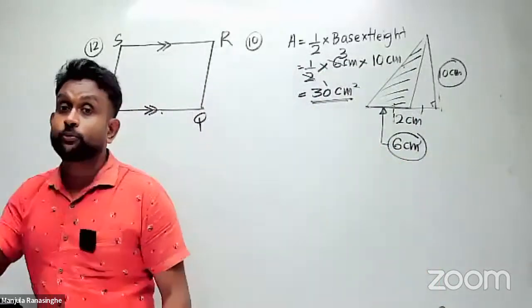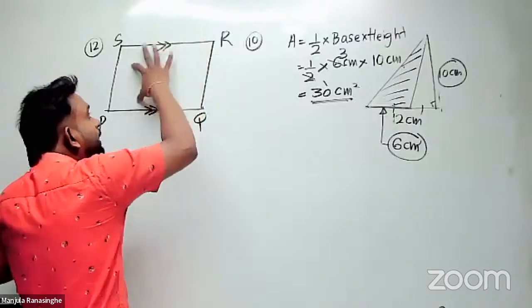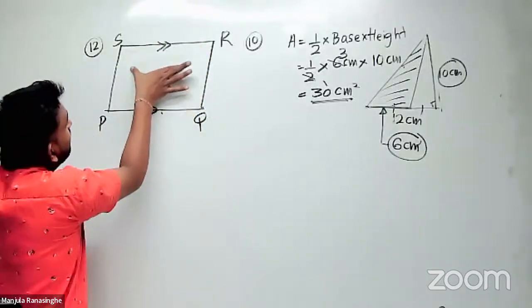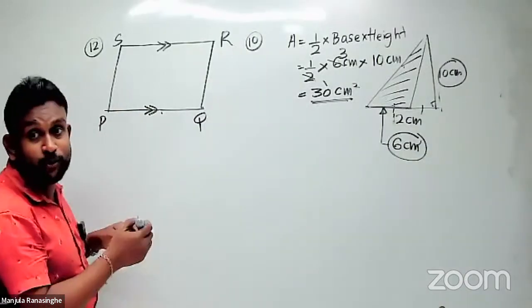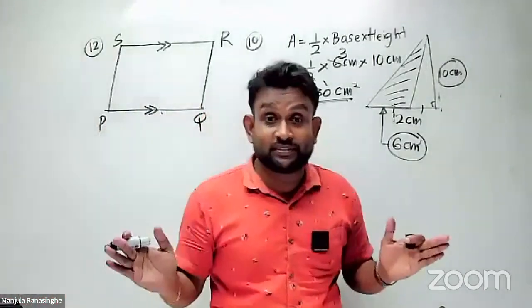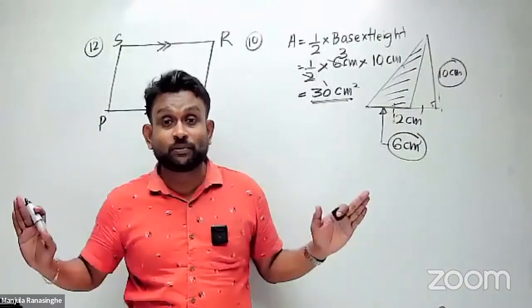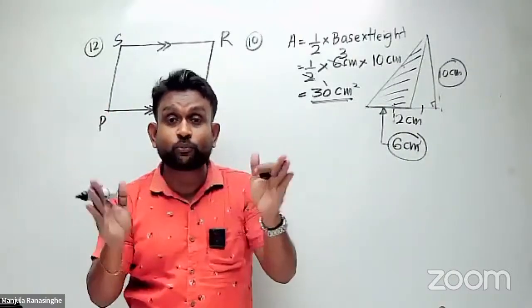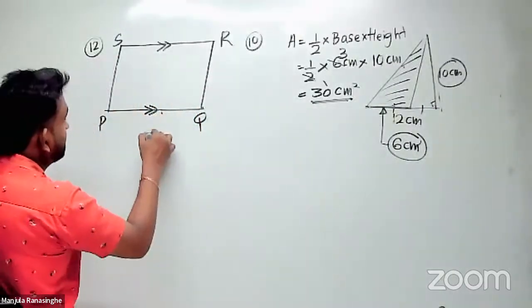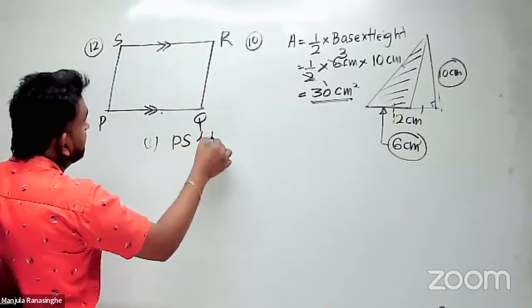Right. So here there are two options. Two sides parallel, this pair parallel. If this pair is also parallel, then that is a parallelogram. What is the requirement? The opposite sides are parallel. Only one pair parallel, we cannot accept as a parallelogram. Both pairs have to be parallel. So a student can say that if PS is parallel with QR, this is how you write parallel.